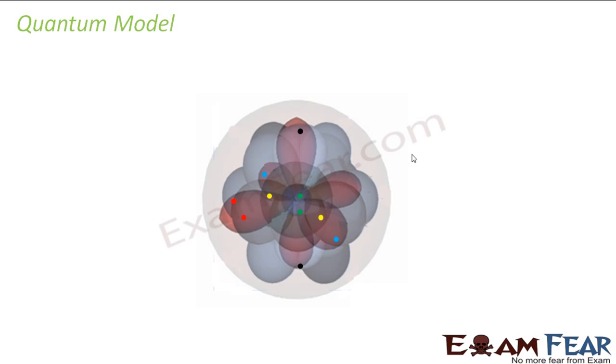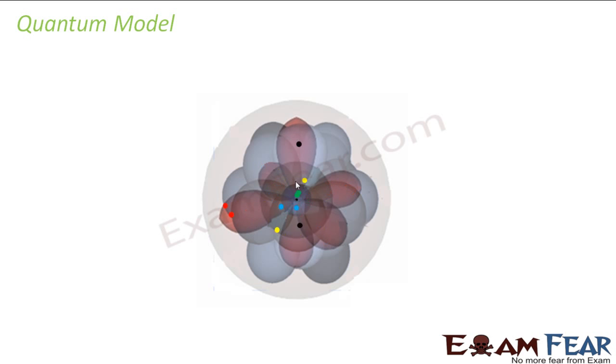If you see the quantum model, this is how the atom looks. The inner one is my nucleus, a very small dot, and then we have these electrons, in different colors, and they just keep jumping here and there, and these form the clouds. They jump at a higher speed.